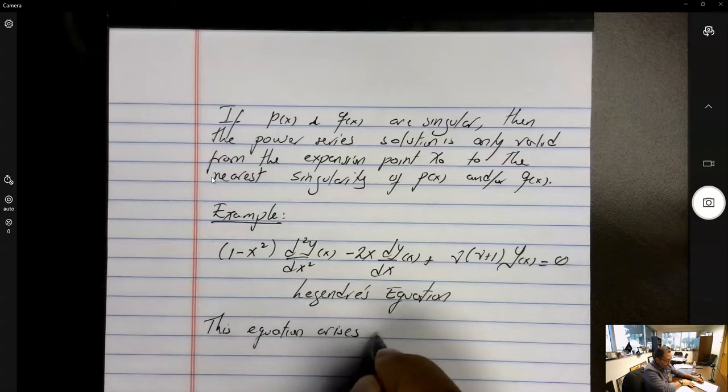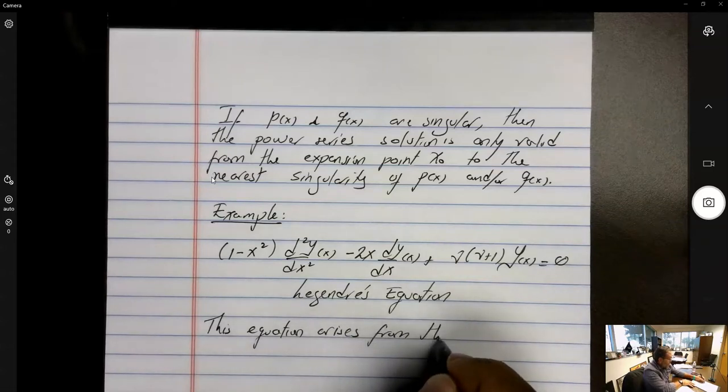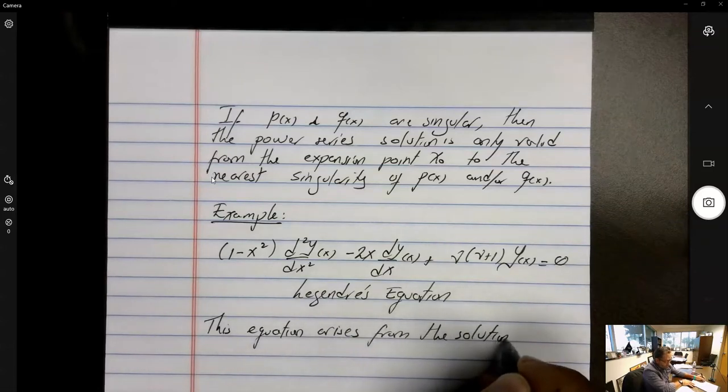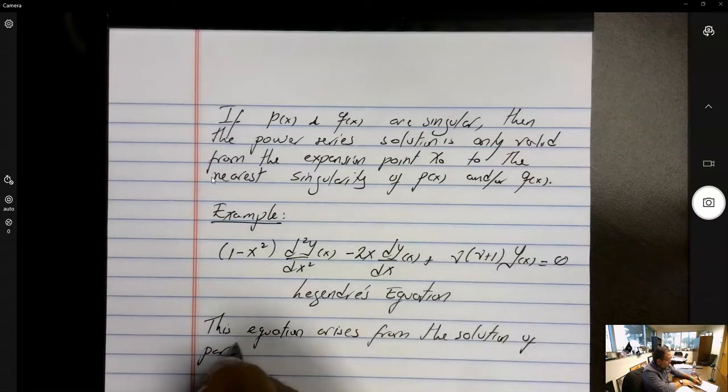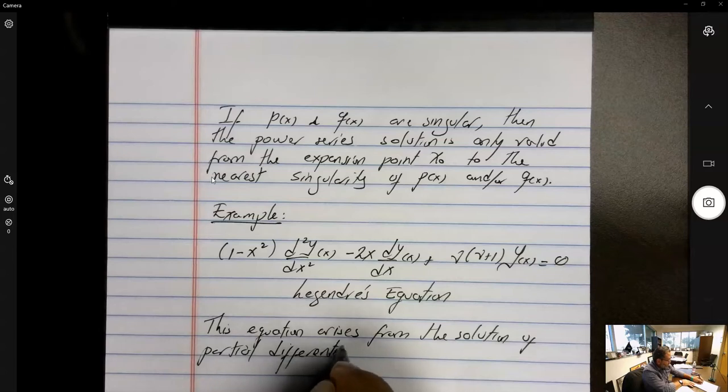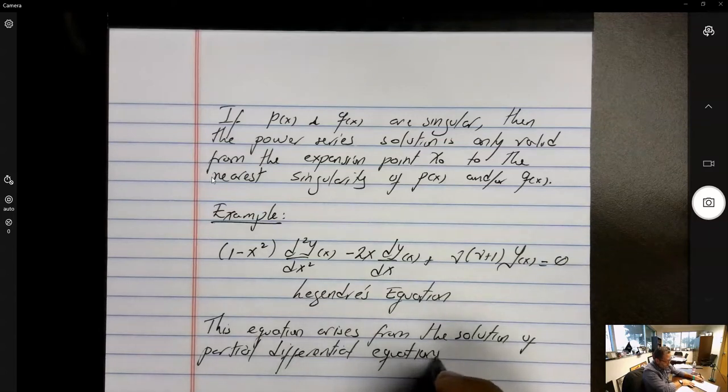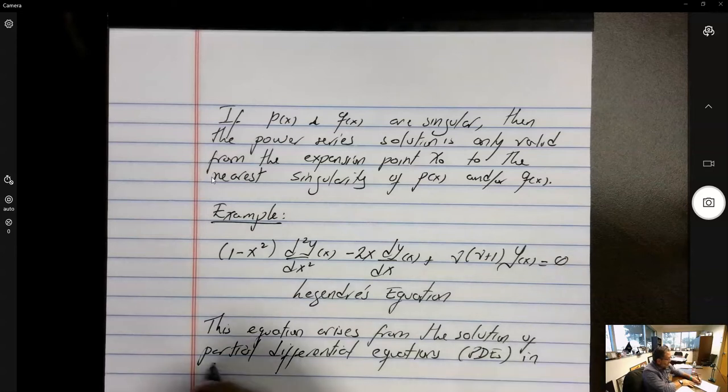This is an equation that has relevance because it arises from the solution of partial differential equations, PDEs, which we're going to see in the next part of the semester, in spherical coordinates.